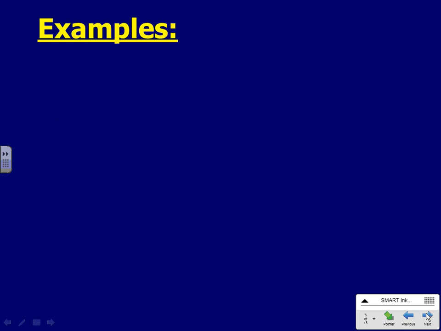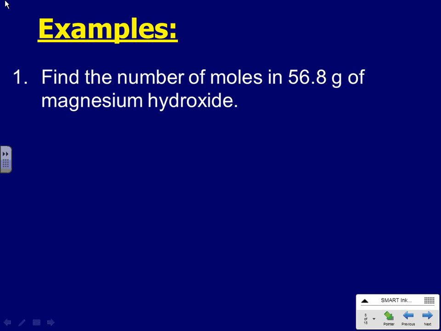Okay, let's do some examples. E.g. So in this question, I'm given a number that contains the unit grams pertaining to magnesium hydroxide.